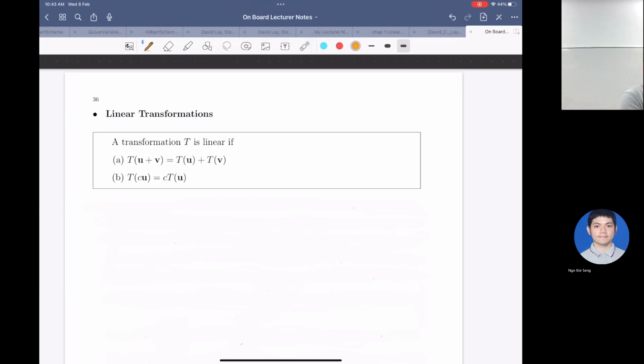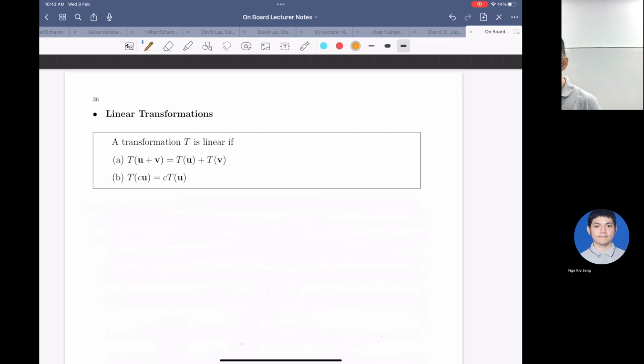Why two? Remember what two operations we can do on vectors. One is vector addition. Second is scalar multiplication. So we want the transformation to preserve these two properties. What do I mean by that?